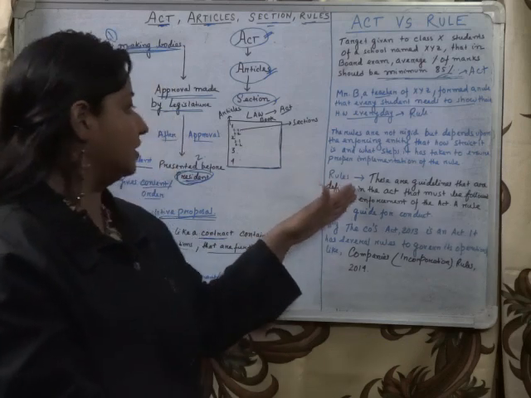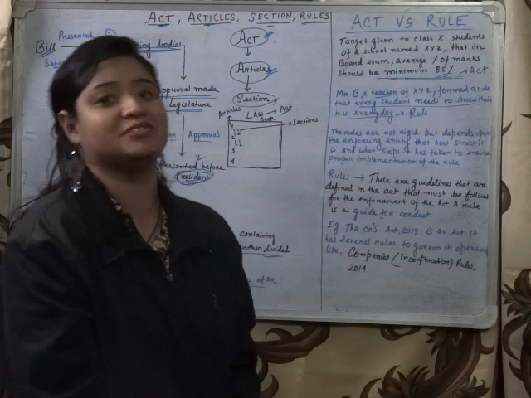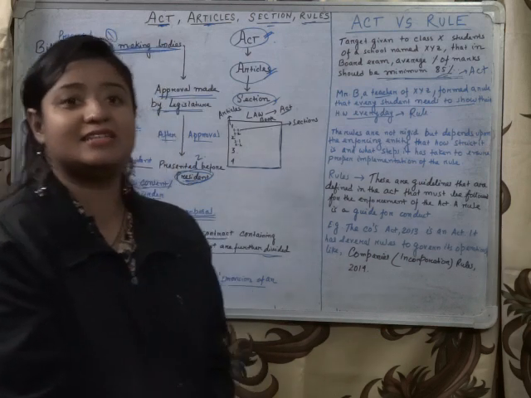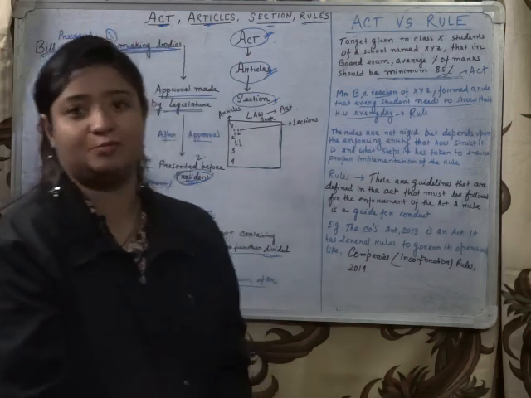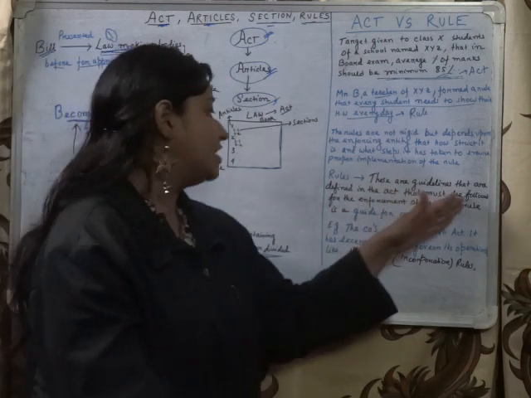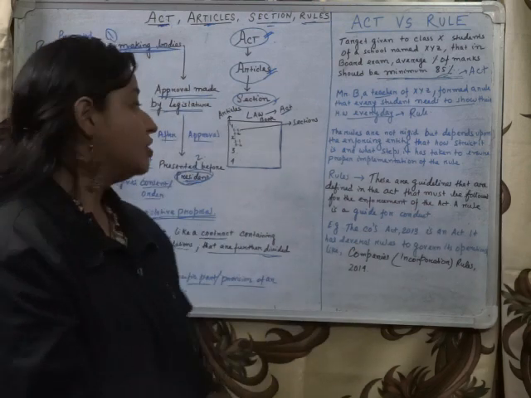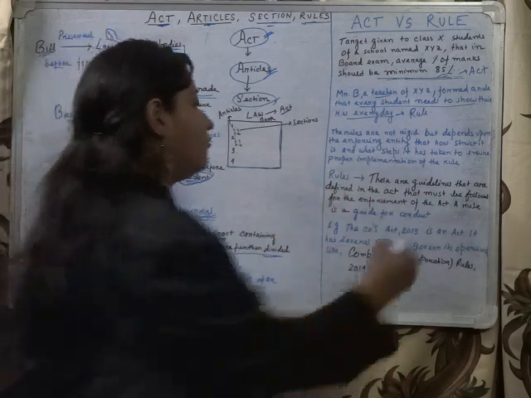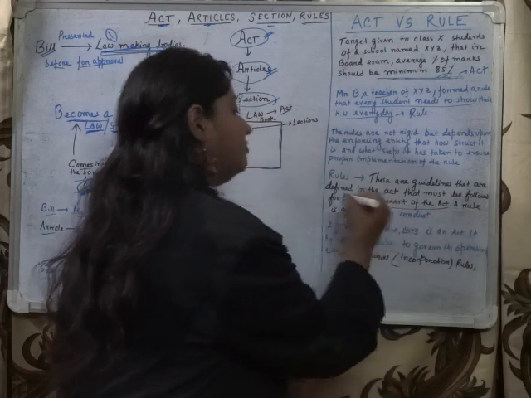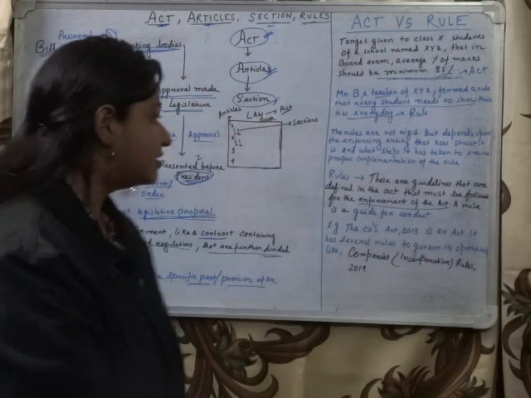So rules are guidelines defined in the act. These are the guidelines on how to achieve that particular destination, which must be followed for the enforcement of the act.